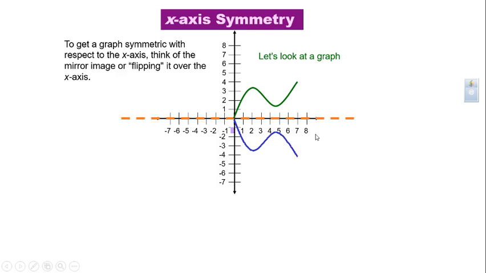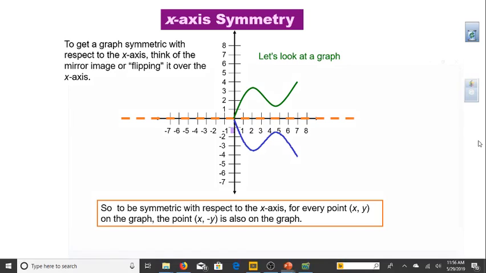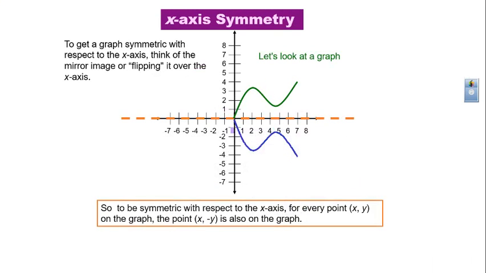So there we're flipping it. Basically what we're saying is for every point on the graph (x, y), we have a corresponding point (x, negative y) on the same graph. As you can see, if you have x-axis symmetry, this graph is not a function because it fails the vertical line test.